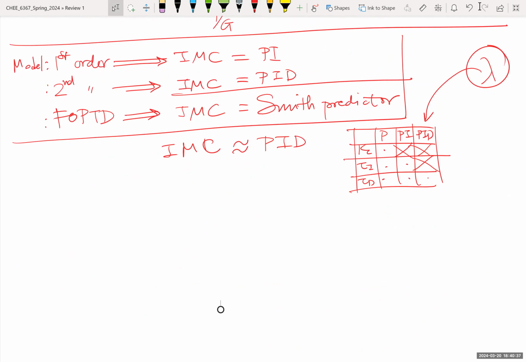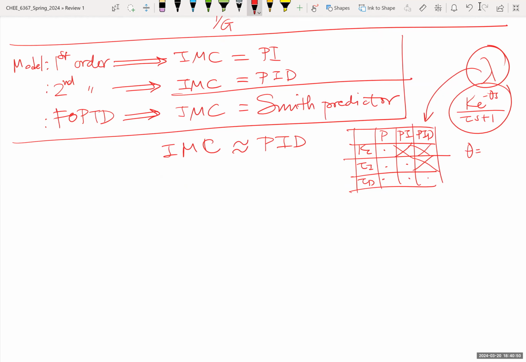And there is a guideline actually, because we typically use first order plus time delay as our model, then if we know this theta, theta is equal to theta nominal plus or minus delta theta, right? Well, use lambda to be greater than delta theta. Make it 2 times as large, something like that. Definitely don't make it smaller, because if you make it smaller, there is a chance you may destabilize your closed loop.